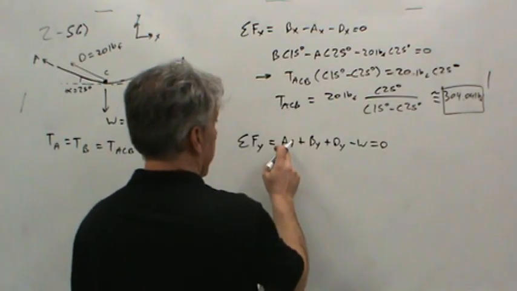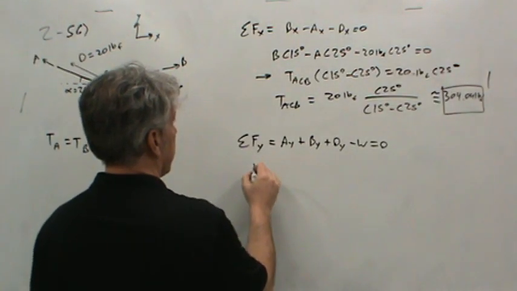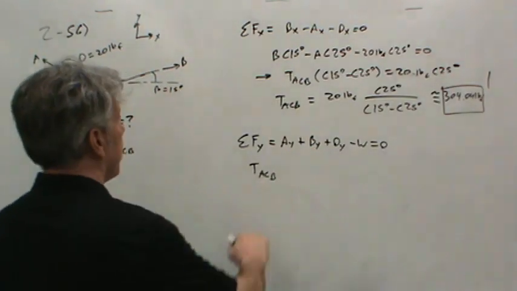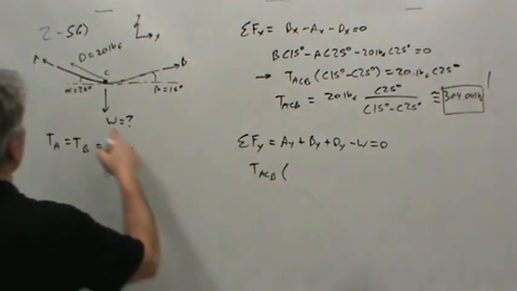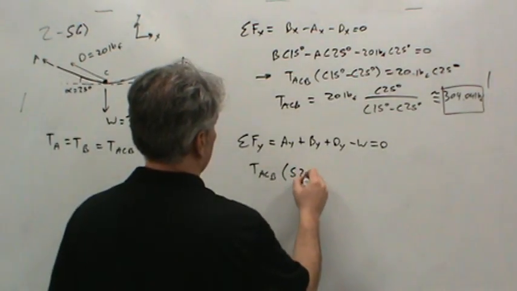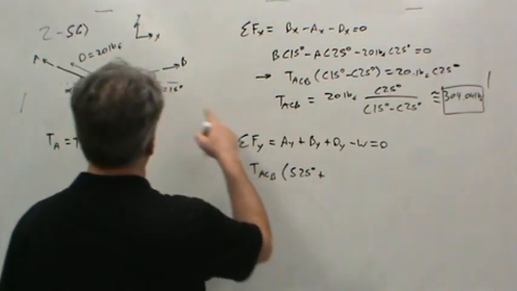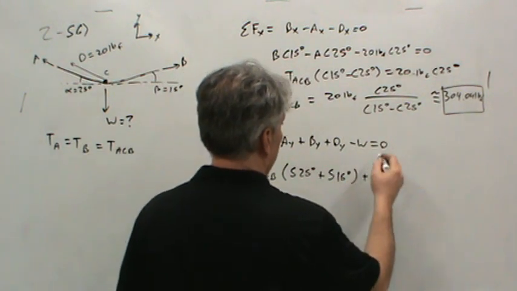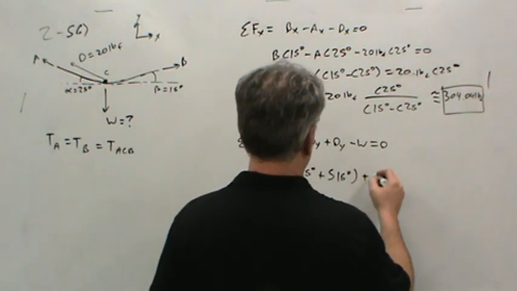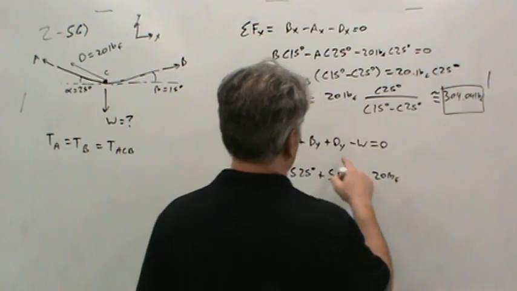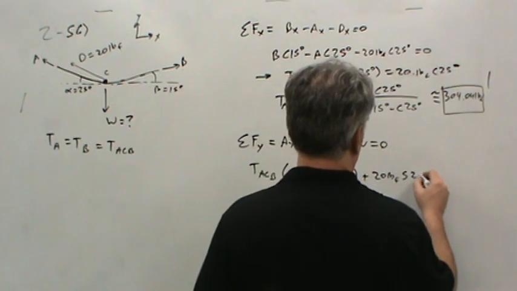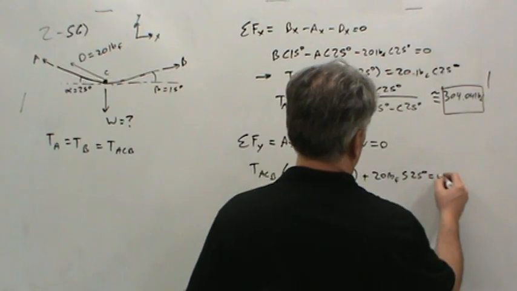We already know that A and B have the same magnitude, so let's write TACB. For Ay we use the sine of 25 degrees, and for By the sine of 15 degrees. Dy is the magnitude D, which is 20 pounds, multiplied by the sine of 25 degrees. And that will all equal the weight.